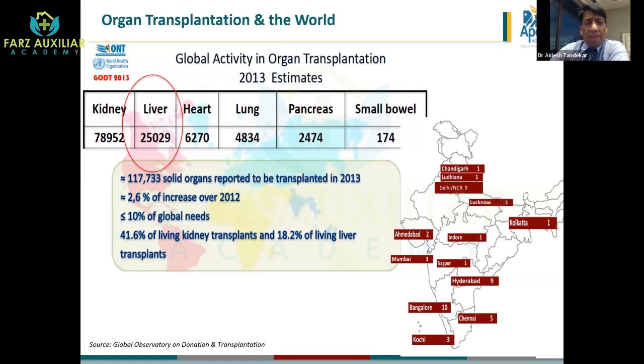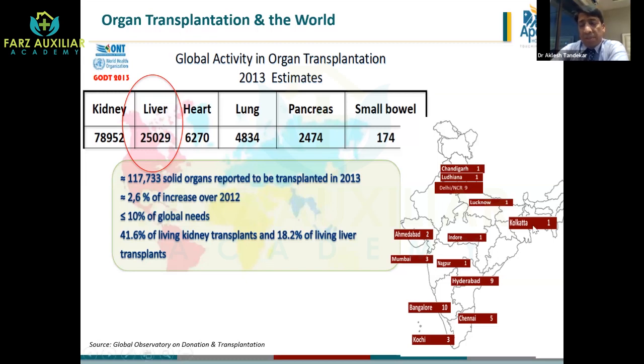So as we see the global activity in organ transplantation, this is the old data that I have, from 2013. The data is not revised. I don't have the recent slides, but overall, there is an innate need of organs all over India.